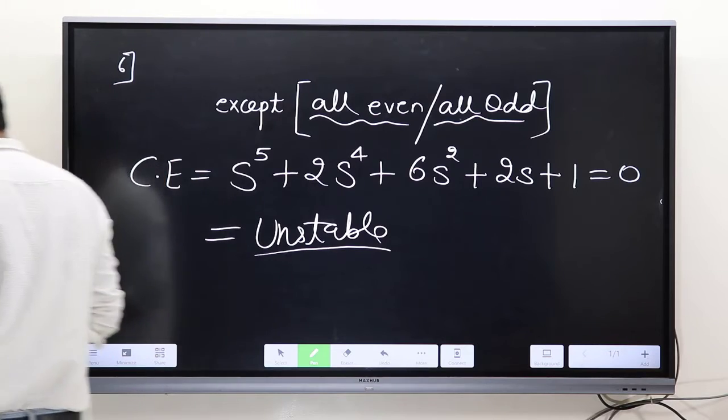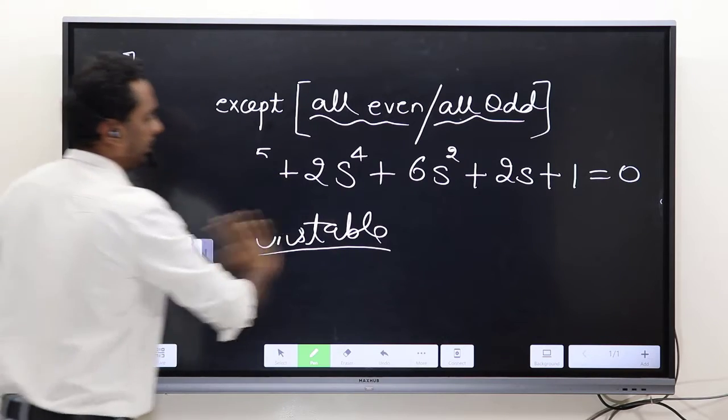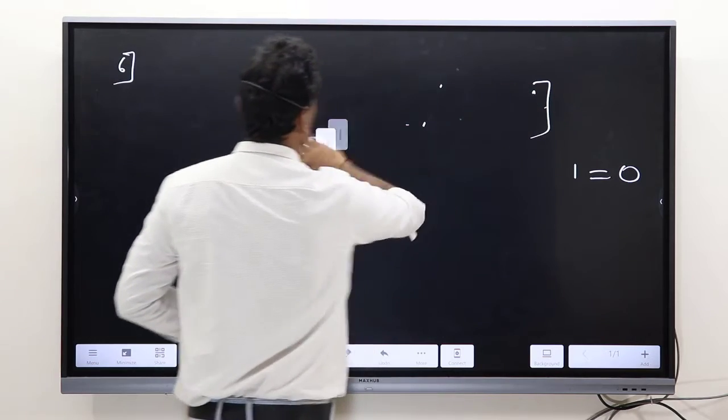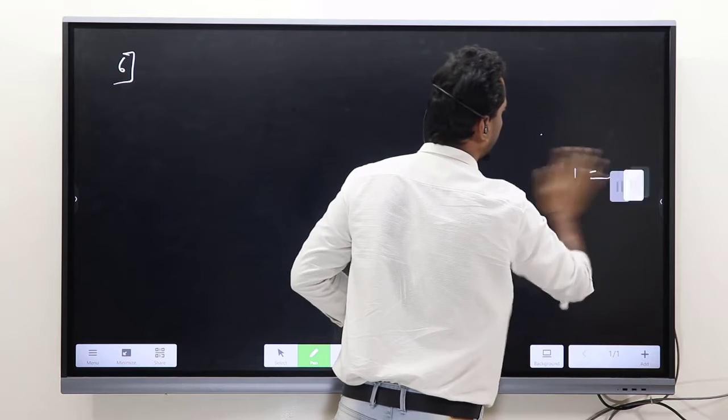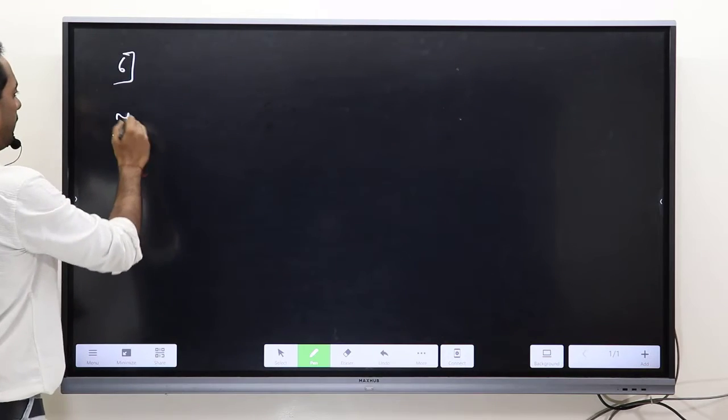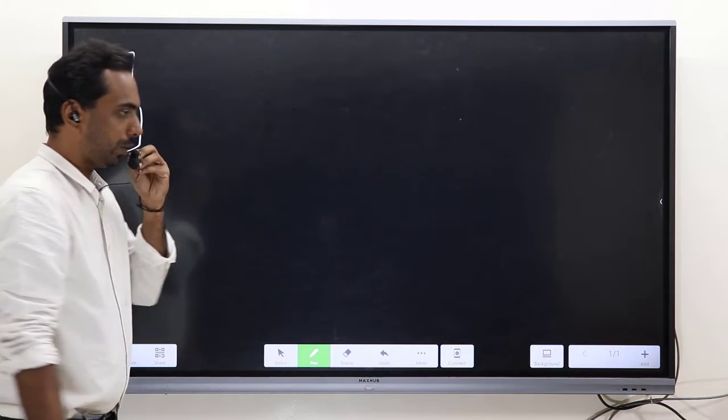Please write down all these things. Right. So write down the last point in the properties of Routh-Hurwitz criteria. Last point, 7 point होगा वो हमारा 7 point होगा.